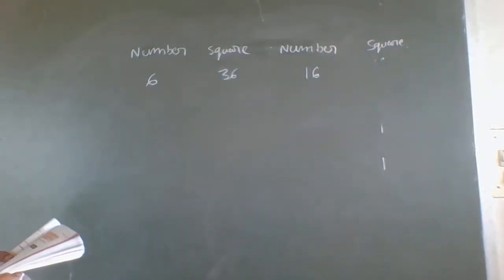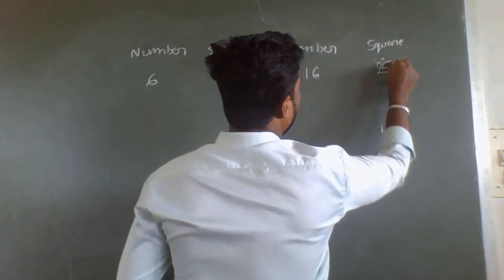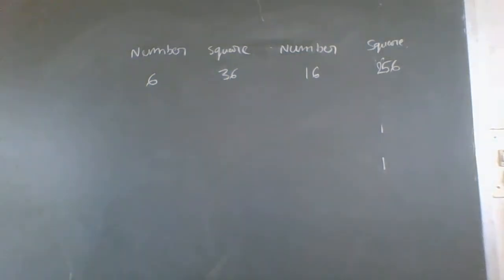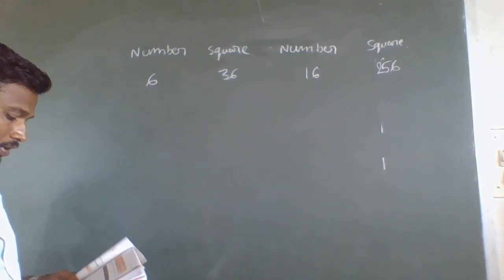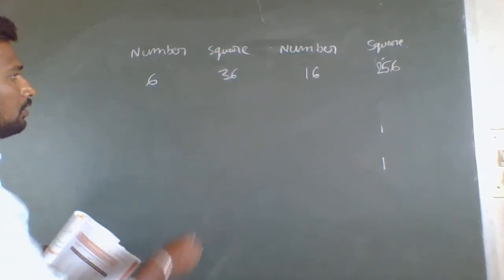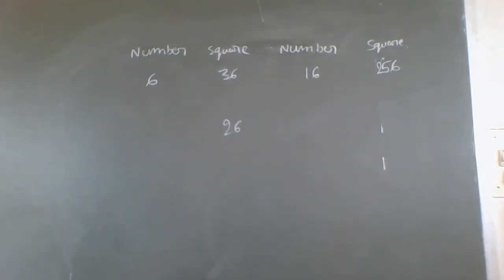And 16 into 16, what will you get? 256. Square of 16 is 256. Now they have not given 26 here, but when you multiply 26 two times, 26 squared, what will you get? Here I will write directly 26 into 26, which means 676.